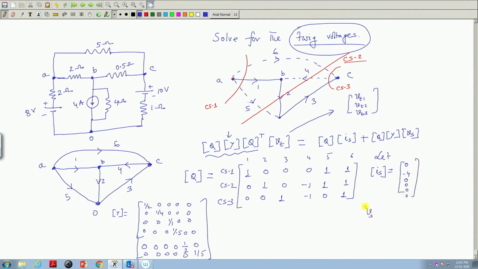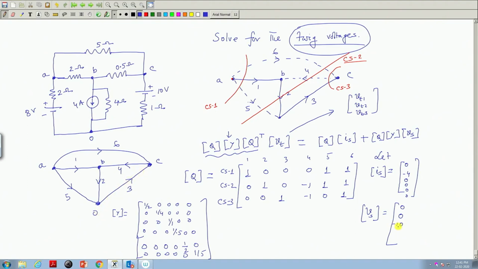V s will be this column vector, where the branch 1 has got no voltage, branch 1 no voltage, branch 2 no voltage 0, branch 3 yes there is a voltage plus 10 volt, minus 10 volt. Minus or plus? 3. Oh, this is the arrow.